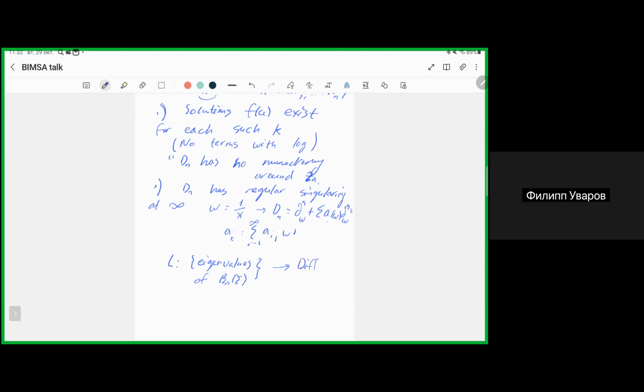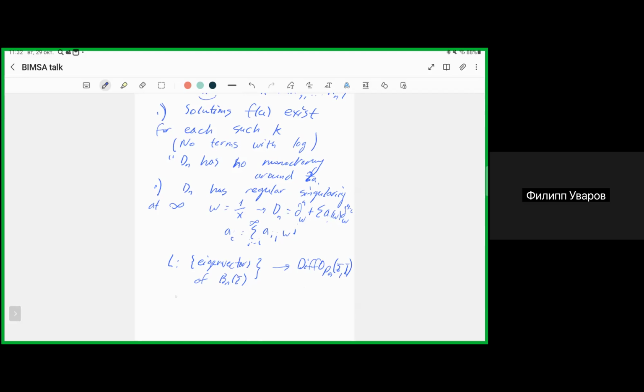So the set of all such differential operators with these properties, let me denote it by diff op n, and it will depend on parameters z and lambda. And this map, if I restrict it to some particular eigenvectors, is actually a bijection.